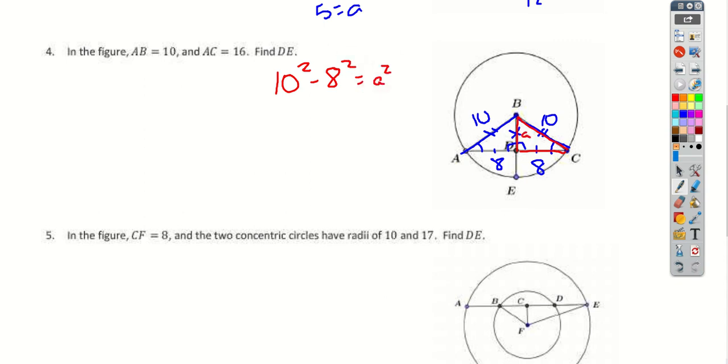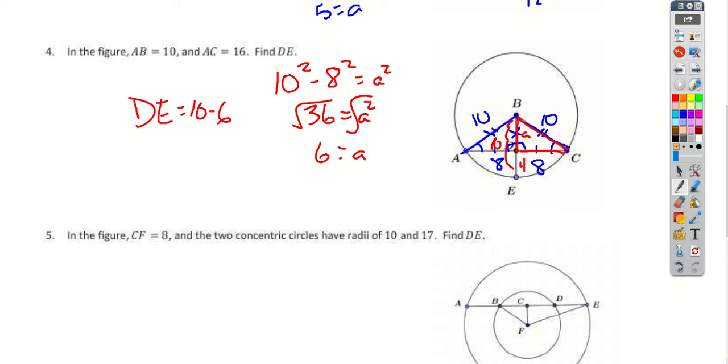That's my a, by the way. So 10 squared minus 8 squared is 100 minus 64 is 36. And then the square root is going to be 6. So if I'm looking for the whole thing, remember this is 10. So if this is 6, that piece is 4. So DE is equal to 10 minus 6, which is equal to 4.